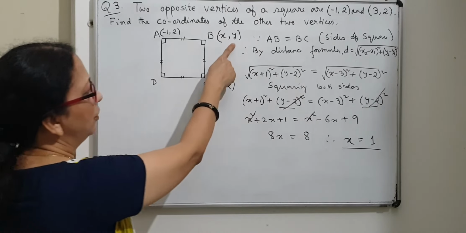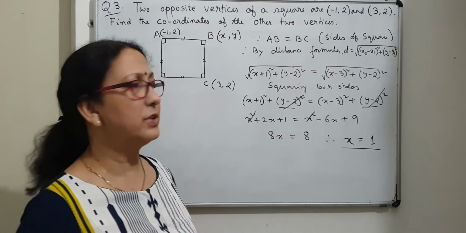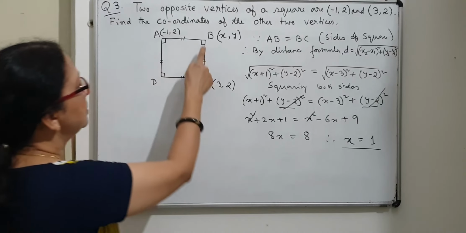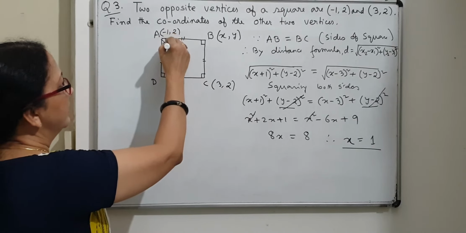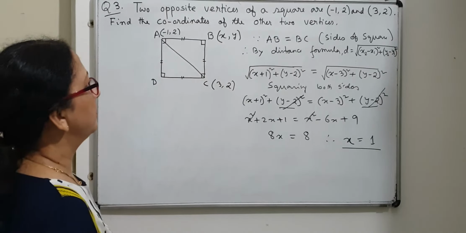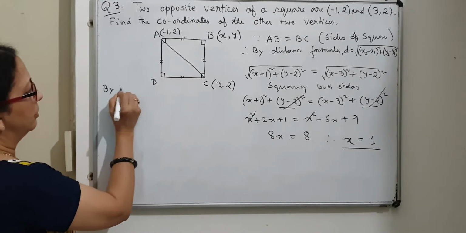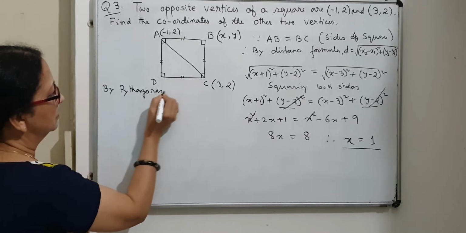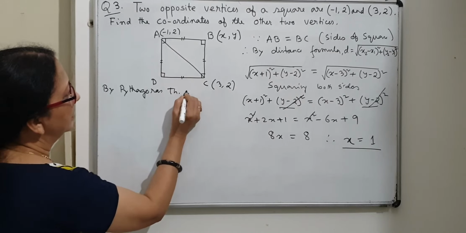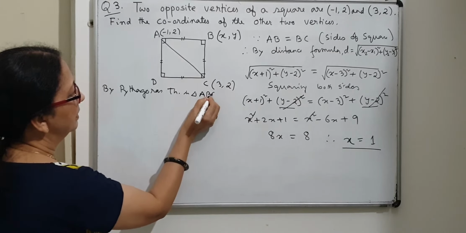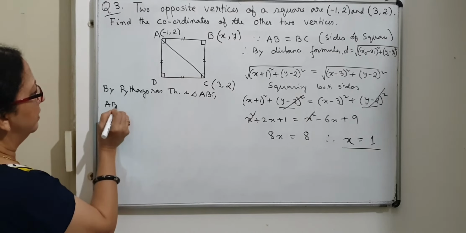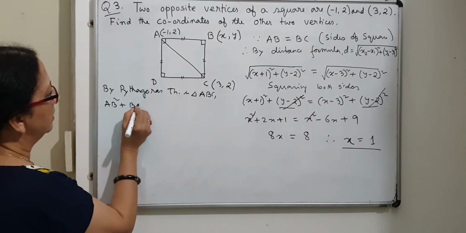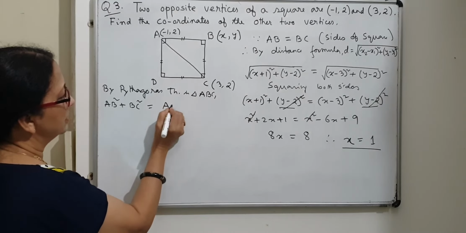Now for getting the value of the other variable y, I have to get another equation, so I have to use another property. Since this is 90 degrees, if I join the diagonal, I can use the Pythagoras theorem. So by the Pythagoras theorem, in triangle ABC, I can write AB square plus BC square is equal to AC square.